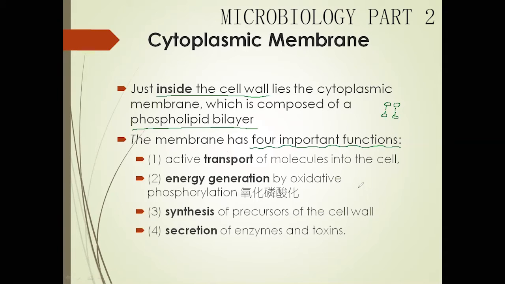The first function we're talking about is active transport of some material to the inside of cells. When we're talking about material passing through the human being cells, we have a passive way and we have an active way.